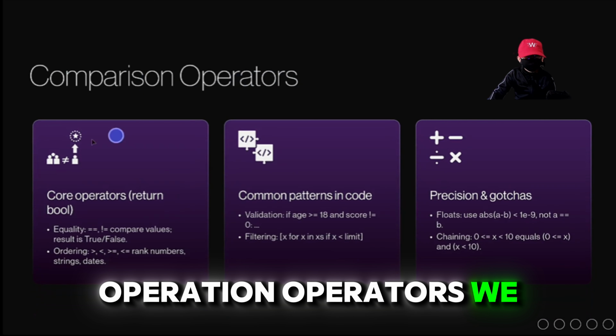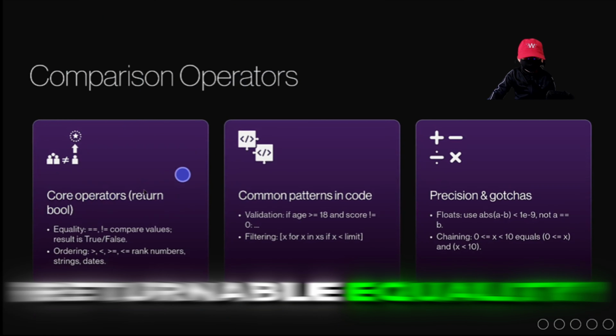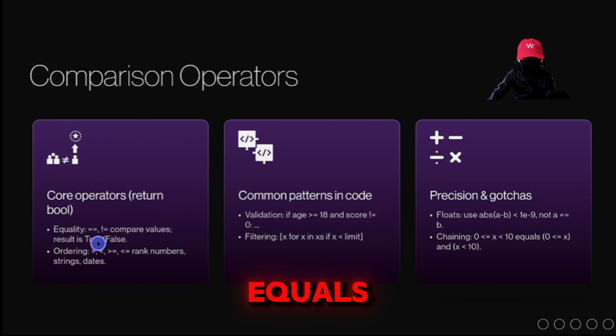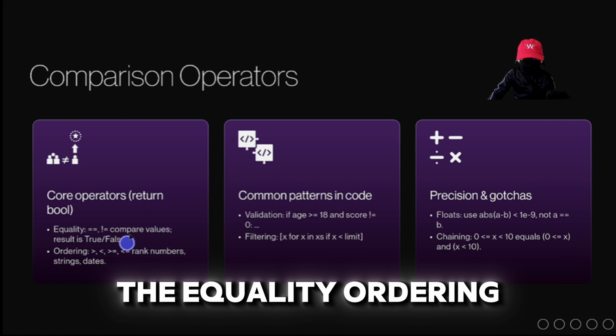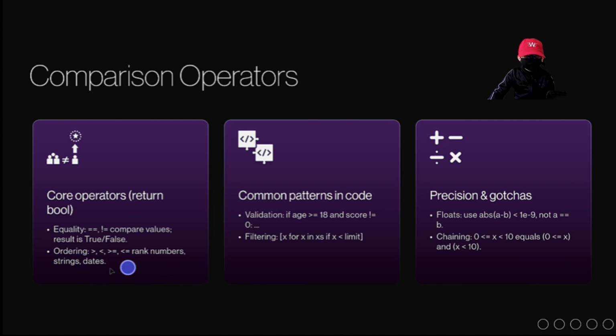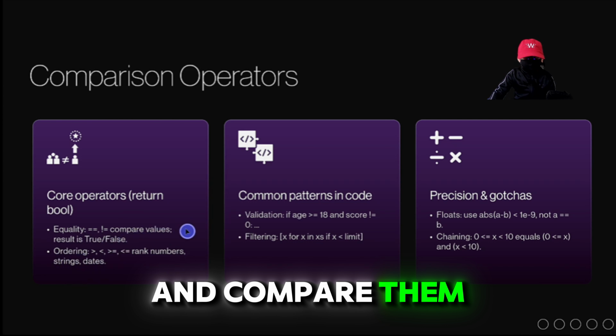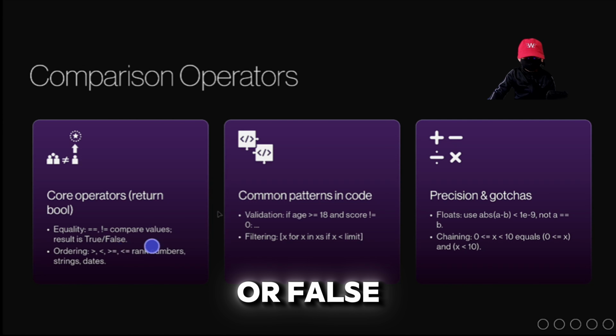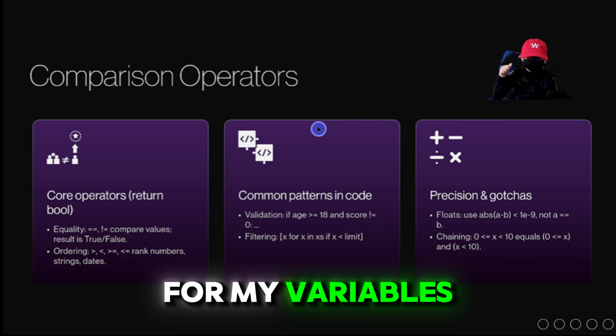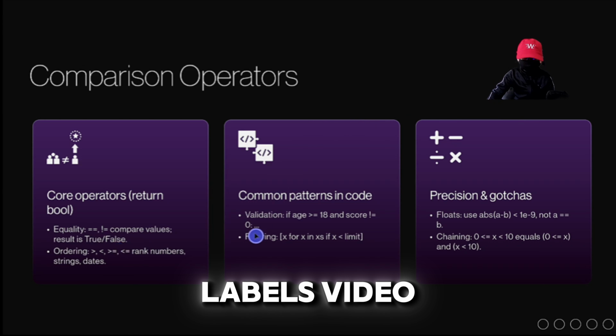Comparison operators. We have the core operators that return bool: equality, ordering, comparing numbers and string data. They compare values, and the result is true or false, and that is a bool, if you remember from my variables video.